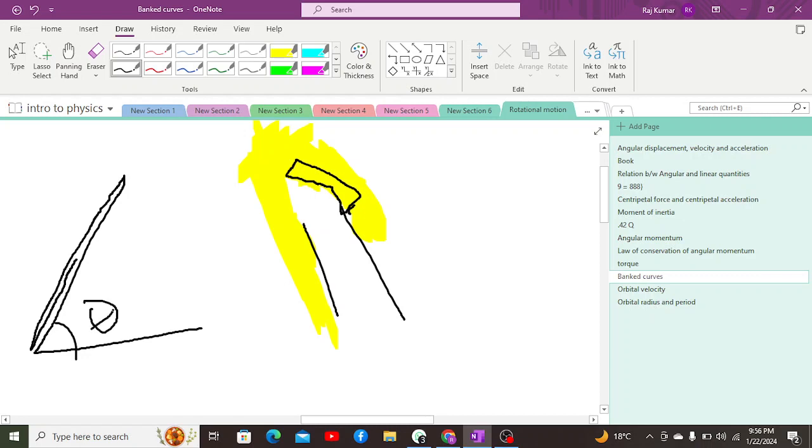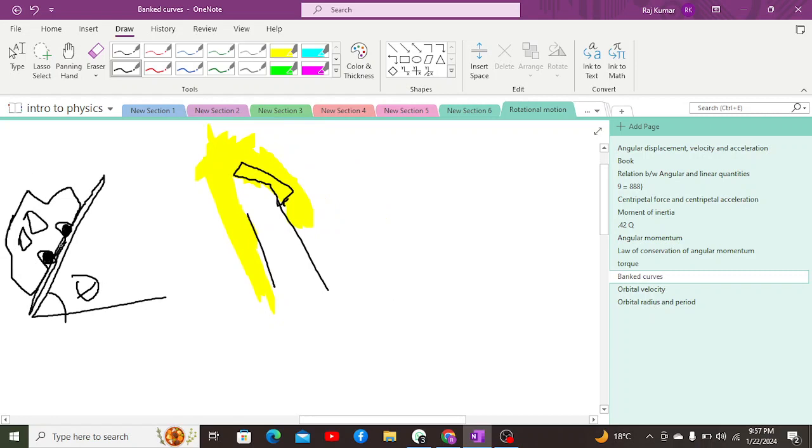This is the angle theta, and let's suppose this is a car. Let me draw a rough structure of a car. This is a car going on this steeper angle.